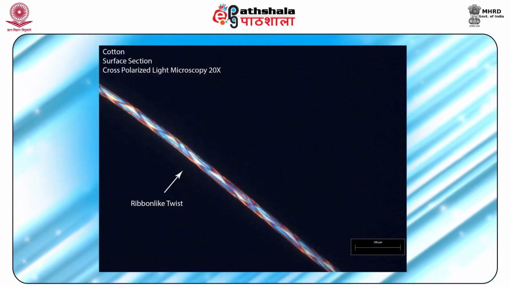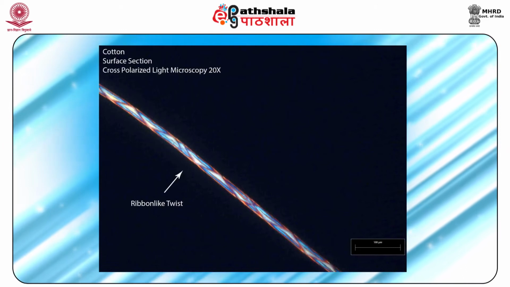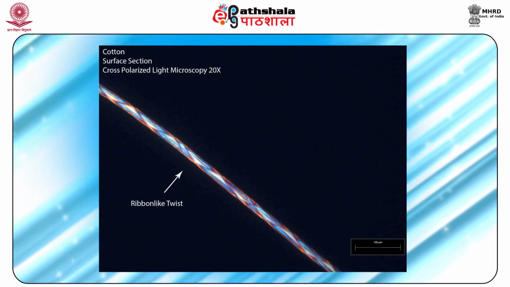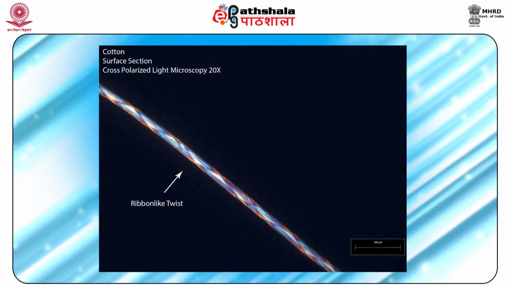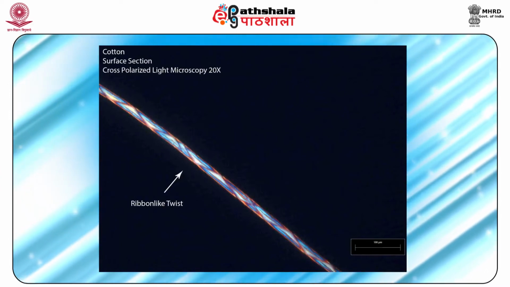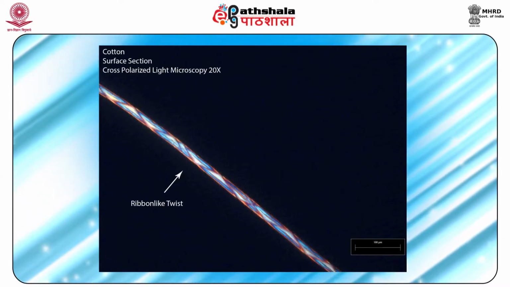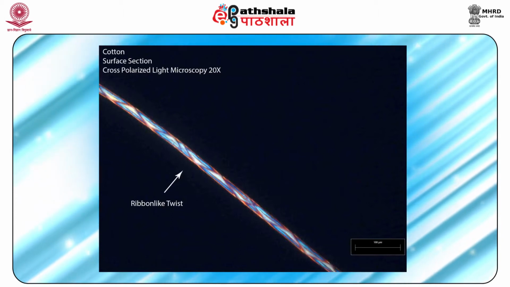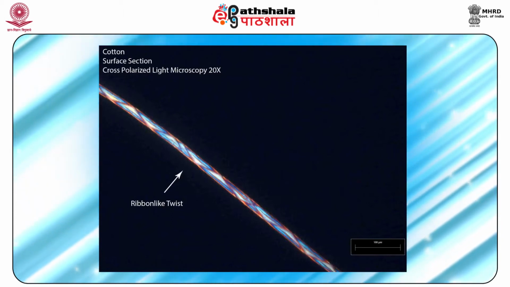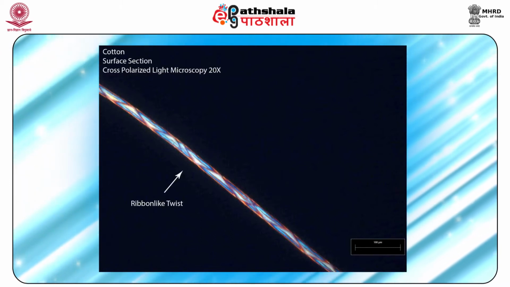Thus, microscopical observation is used to detect fibers, to characterize them, and in most cases, to compare them to a suspect source. There are some common microscopes which are used in identification and examination of fibers.